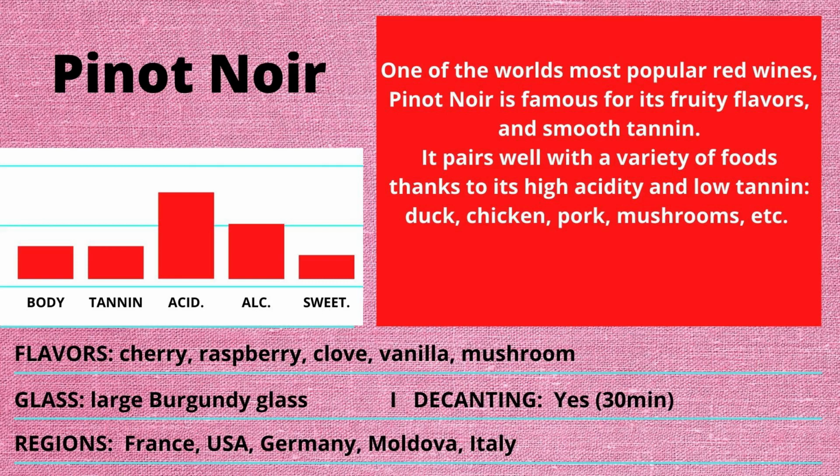If it's a young Pinot Noir, maybe not, it doesn't need much decanting, but you can decant the wine, and it usually takes just a few minutes to take the air that it needs to feel the full bouquet of the wine. The wine regions, of course, are France, Burgundy, and then everything else also. But the top Pinot Noir wines are coming from France.